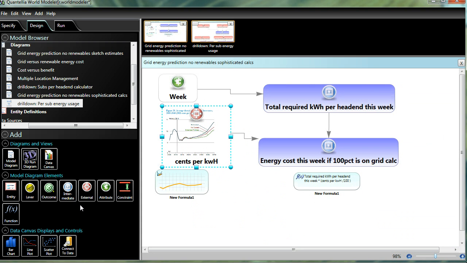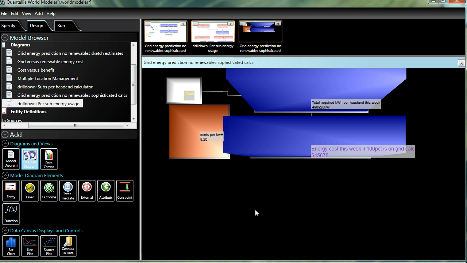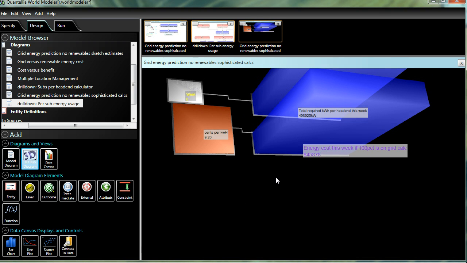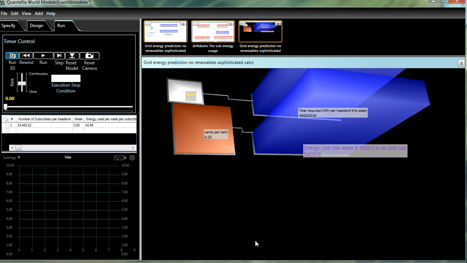So let's do the first bottom line: if we were buying all of those kilowatt hours for a head end from the grid, how much would that cost in total as we go forward? You can see that the first week it would cost approximately $45,000.